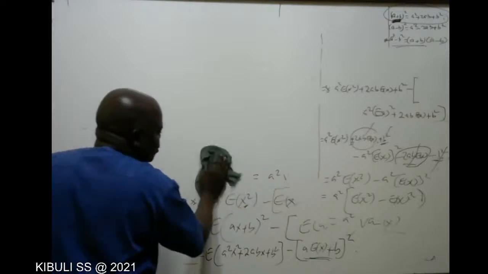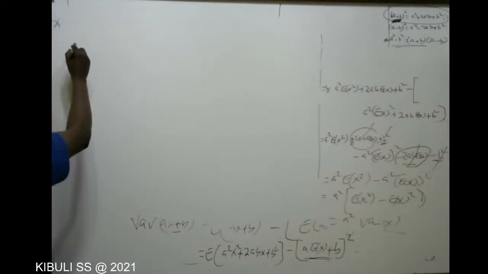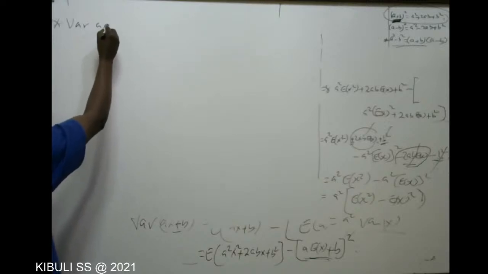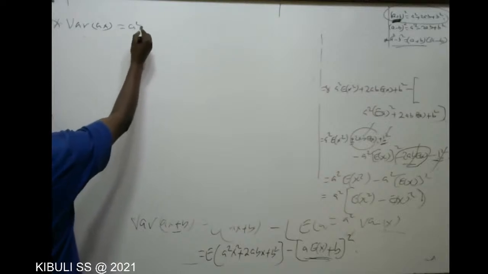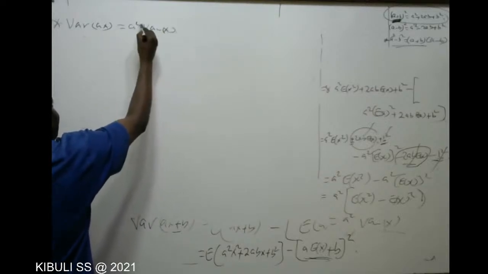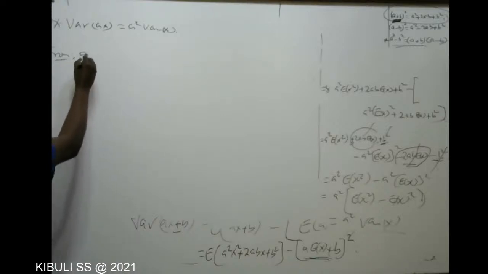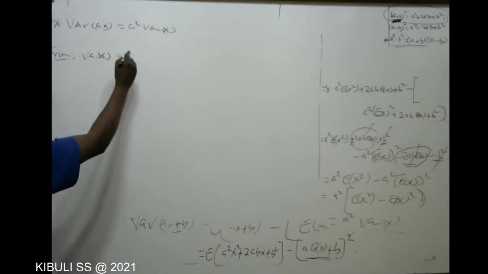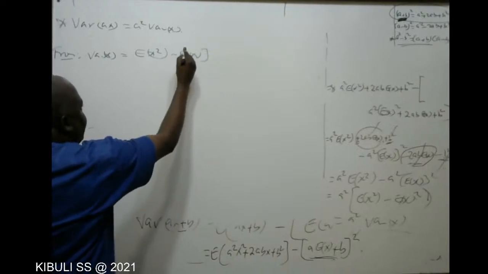So similarly, we can also say from the other one. If you want also to show using the same one, you want to show that the variance of ax, using that second alternative, variance of ax is equal to a squared variance of x, and you are using the expectation. You say from variance of x being equal to expectation of x squared minus expectation of x, squared.